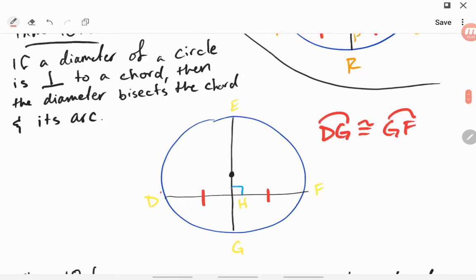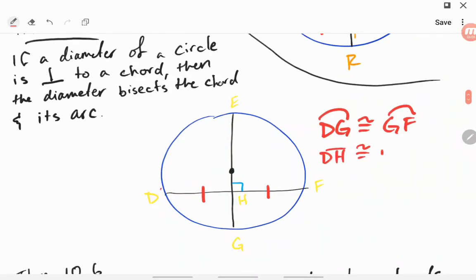We know EG is a diameter, we know it's perpendicular, so therefore it bisects DF. Segment DH is going to be congruent to segment HF, and it also bisects the intercepted arc DF. So arc DG is in fact congruent to arc GF.